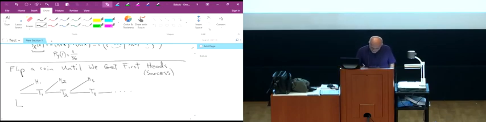So I'm going to define L as, that's my random variable, number of tosses up to and including first heads or success.